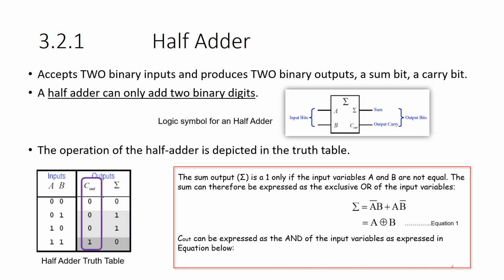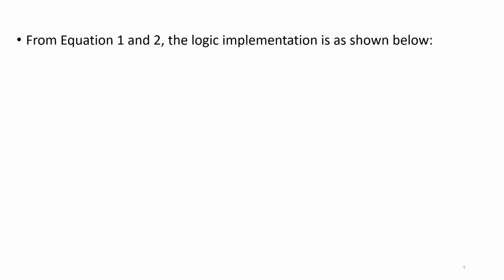And Cout can be expressed as the AND of the input variables A and B, as expressed in equation 2, which is Cout equals A AND B. From equations 1 and 2, the logic implementation is as shown below.